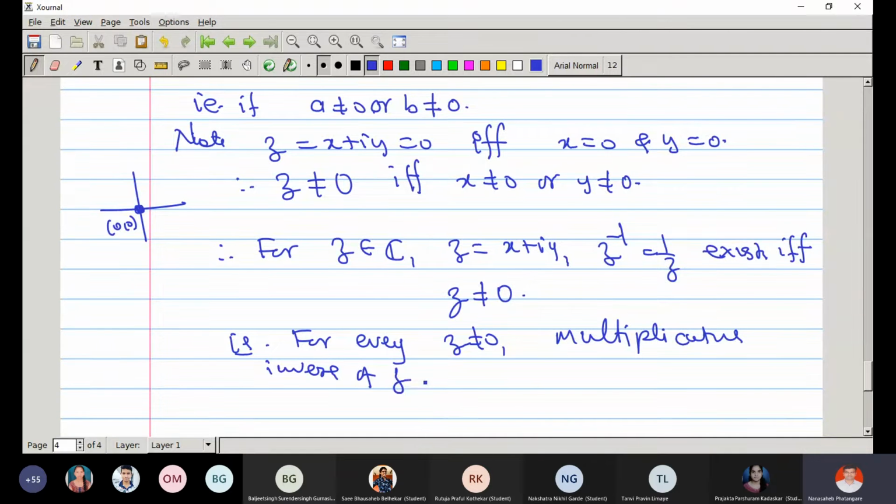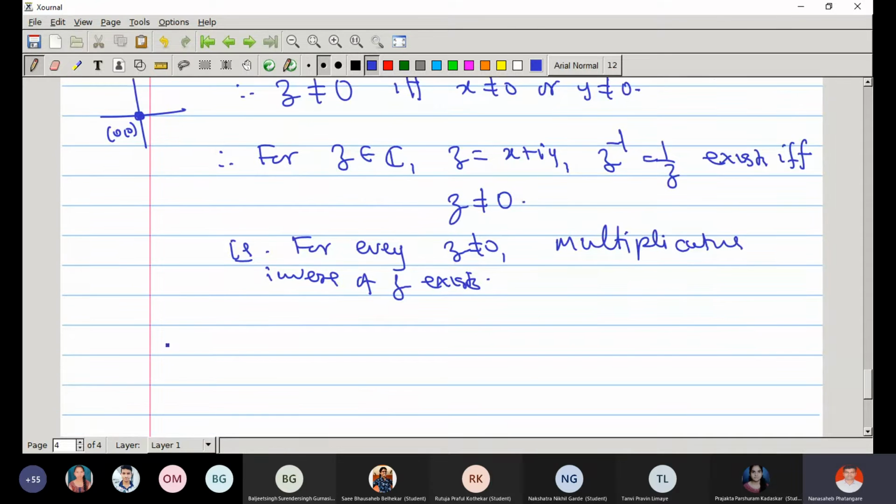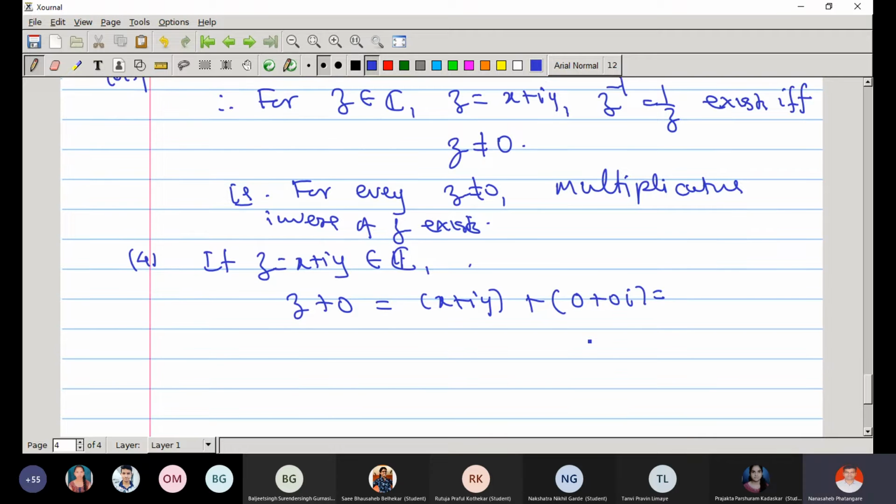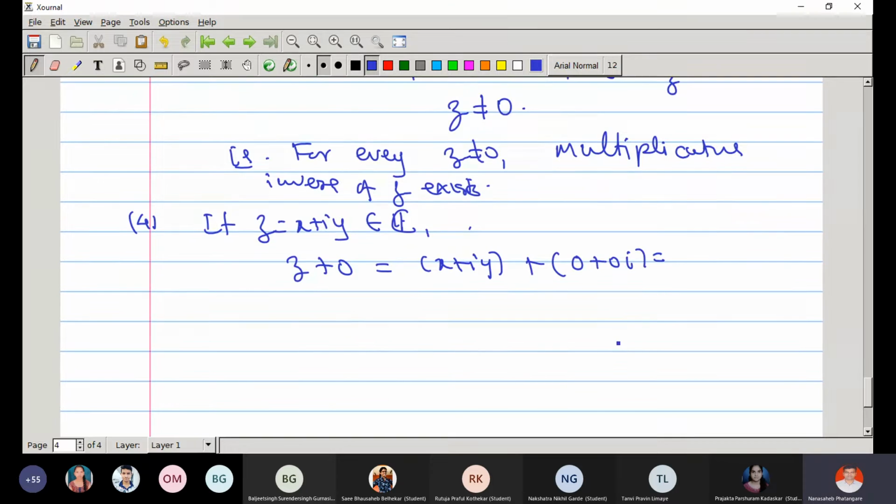Now, next point, if Z is equal to x plus iy is a complex number, what is Z plus 0? Z plus 0 means x plus iy. And what is the 0 complex number? 0 plus 0i. What is the addition of these two?